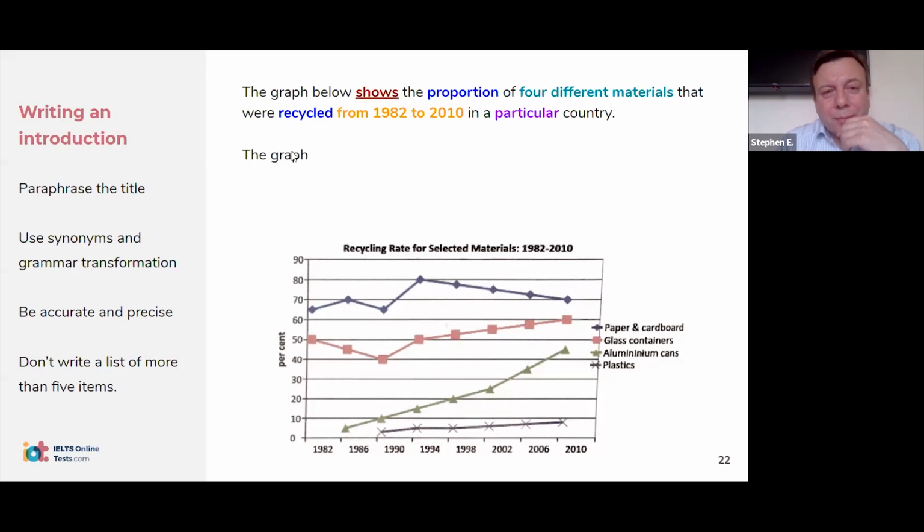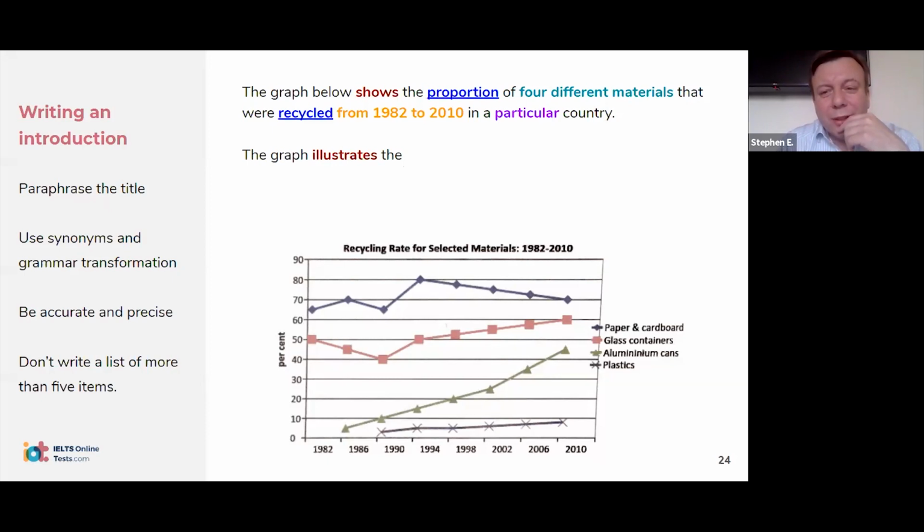Right. So the graph, so we've got shows. Okay, Swareen, yeah, the graph illustrates. Yeah, very good. Okay, some good ones coming through there. So we've got proportion and recycled.